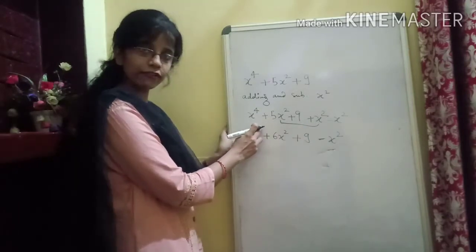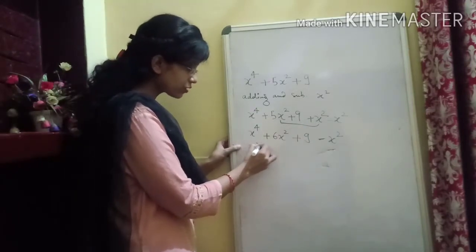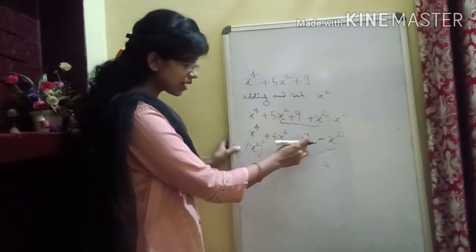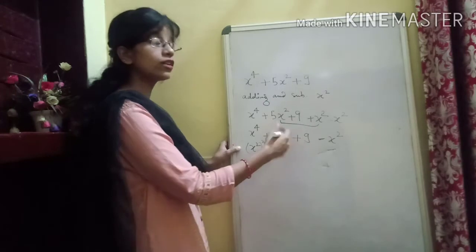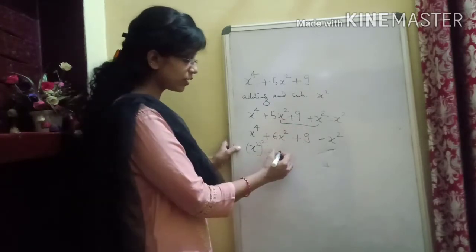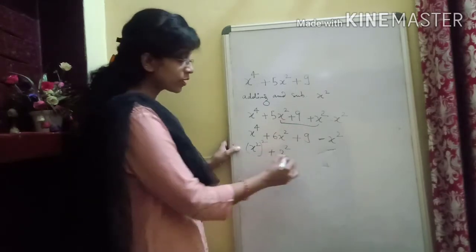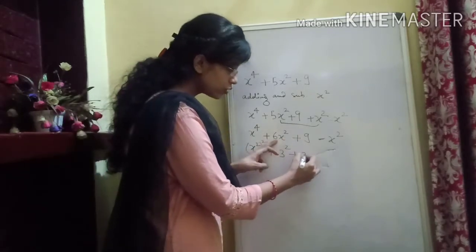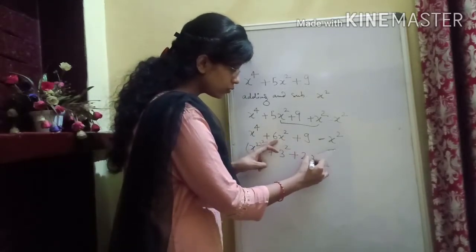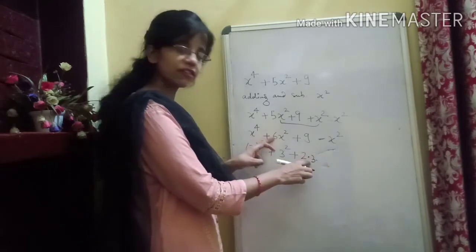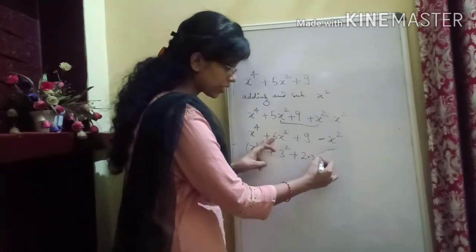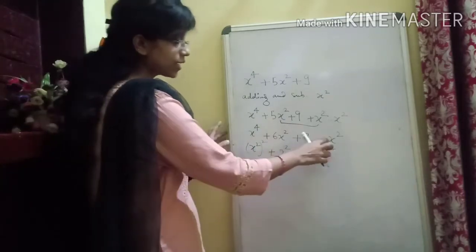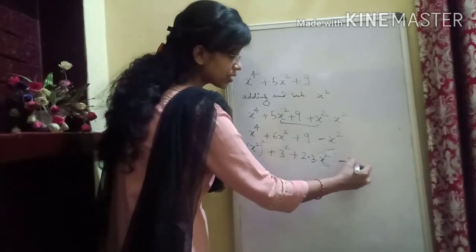This x to the power 4, can you write it as x square to the power 2? And this plus 9, since 9 is a perfect square of 3, you can write it as 3 square. And then this 6x square, can we write it as 2 into 3 and then x square, so that I can show you. So this term we have written like that, and then we have this minus x square.